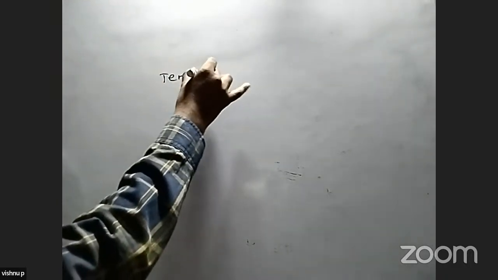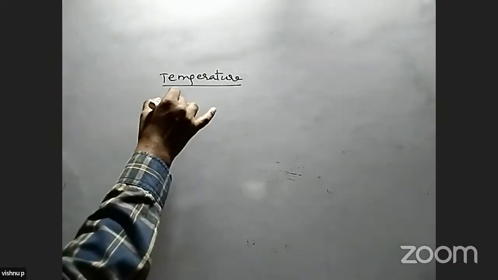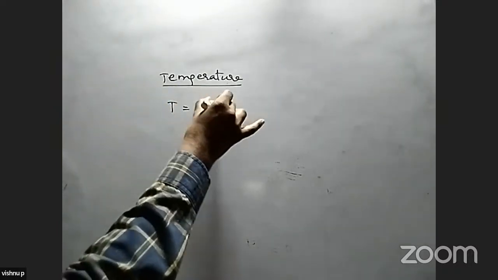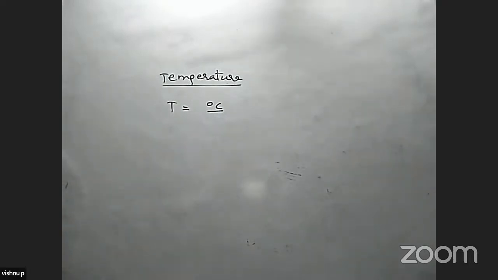Next is temperature. There are two important units. First is the normal scale, degrees Celsius. If you take a thermometer, it is divided from 0 to 100 degrees Celsius.